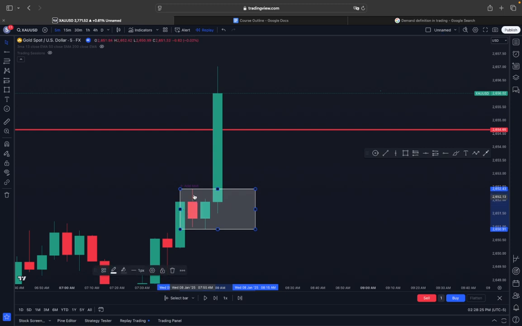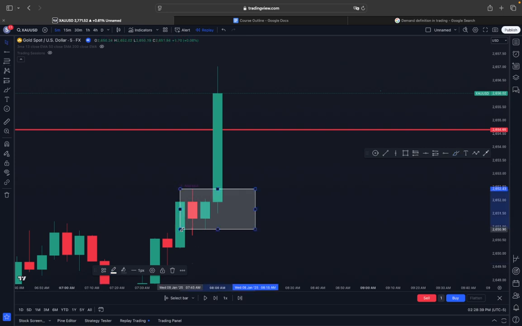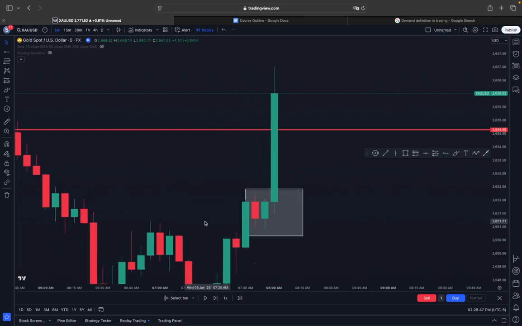What I mean by that is, let's say that this selling candle's wick was something like this. Our rectangle, our demand box, would just go here. Since this candle's the start of that bullish momentum and that candle's wick is lower, we're going to draw it there.